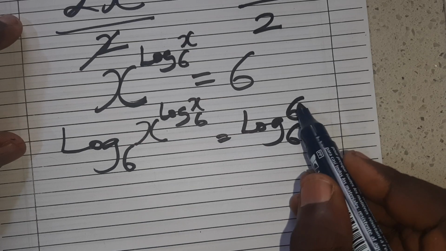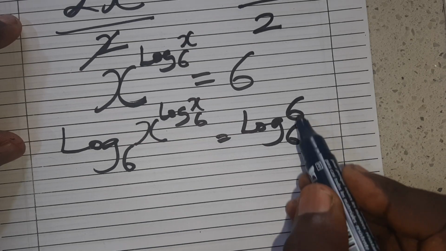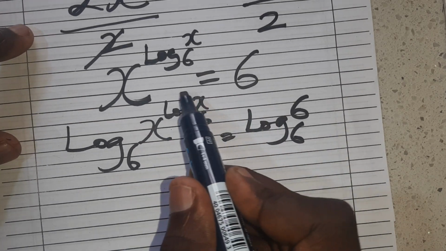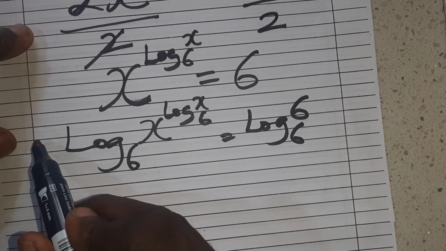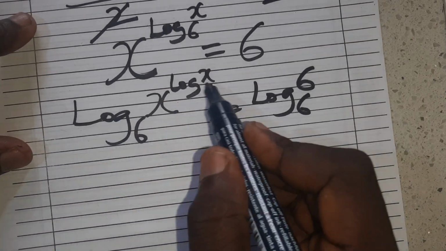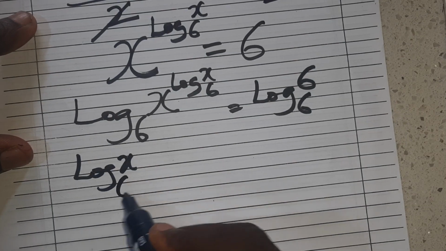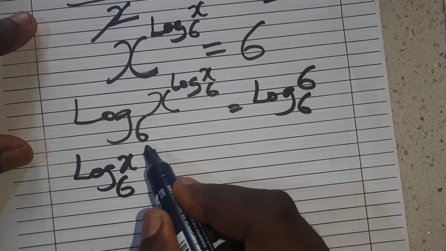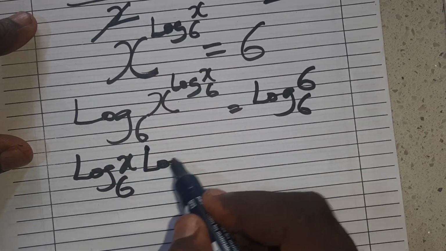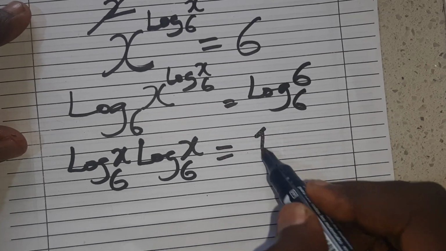Of course, if the argument and the base are the same, it simplifies to 1. But here, we can move the power for x over to stand in product with this log x base 6. So we now have this one moving to the left hand side. You have log x base 6 times log x base 6 equals, then this one is left, log 6 base 6, which equals 1.